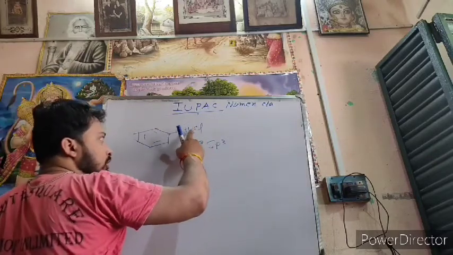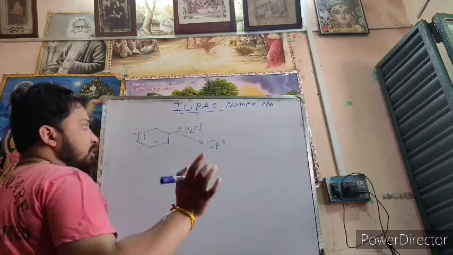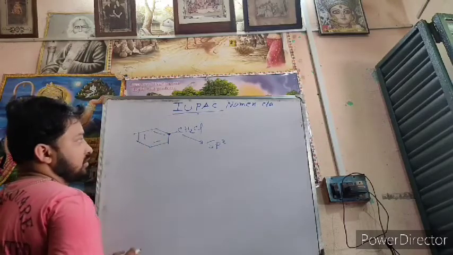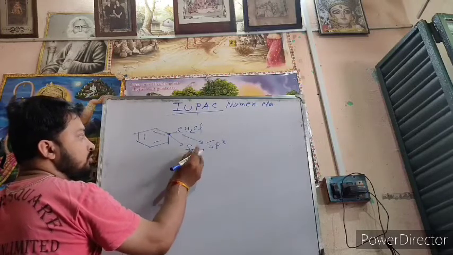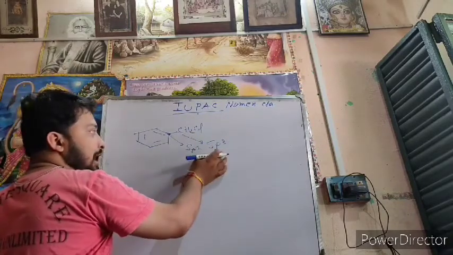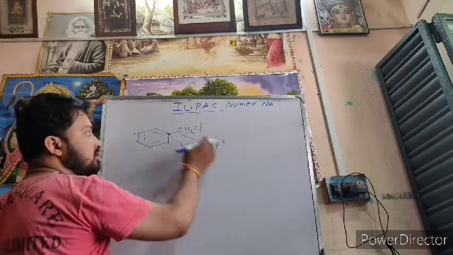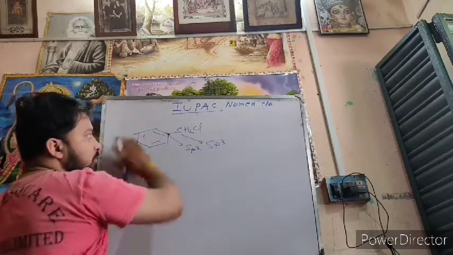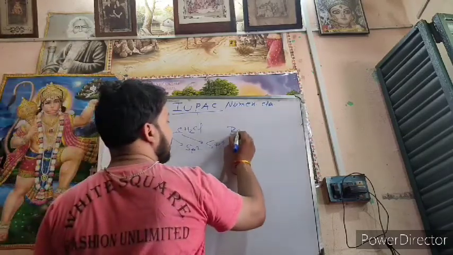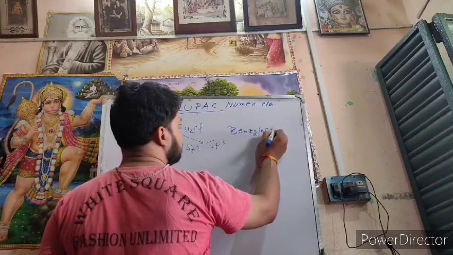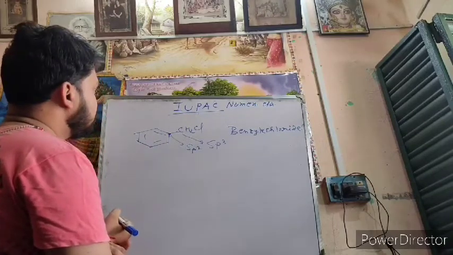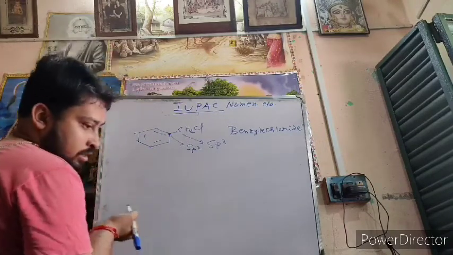So 1, 2, 3, 4 sigma bonds, which means sp3, and this carbon is attached to the benzene ring, so that is an sp2 hybridized carbon. So chlorine is attached to an sp3 carbon, and this carbon is attached to an sp2 carbon. So we call this benzyl, a benzyl compound, and we can call it benzyl chloride.